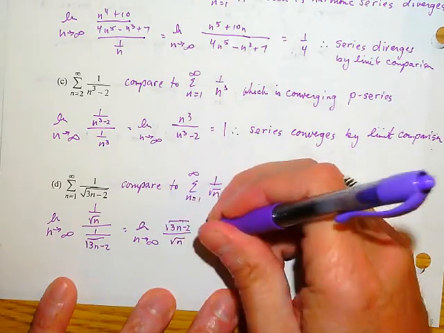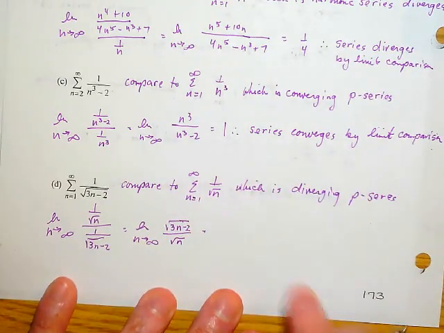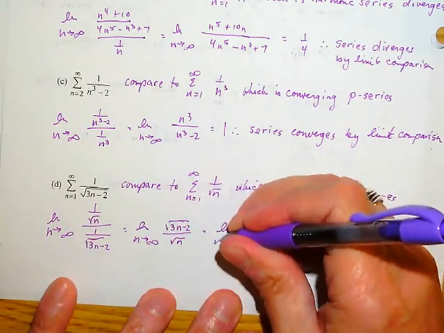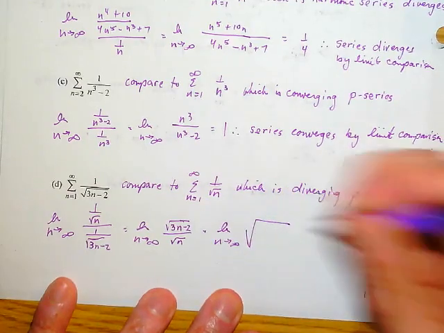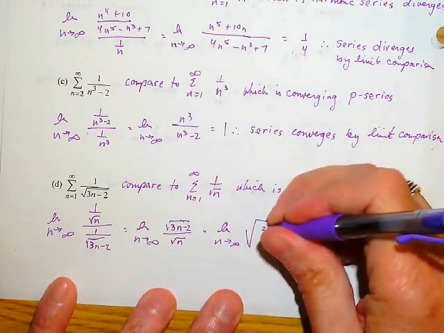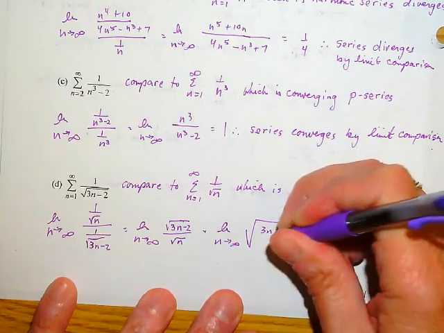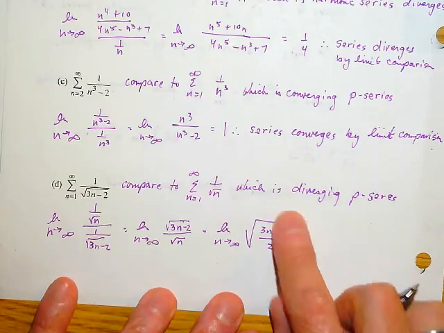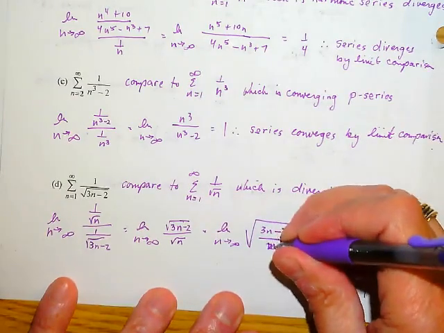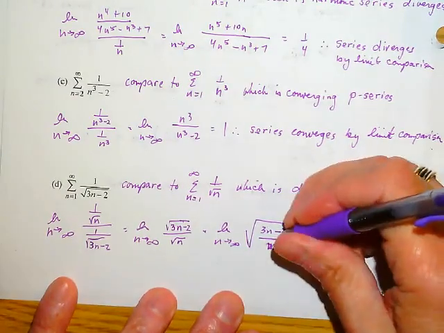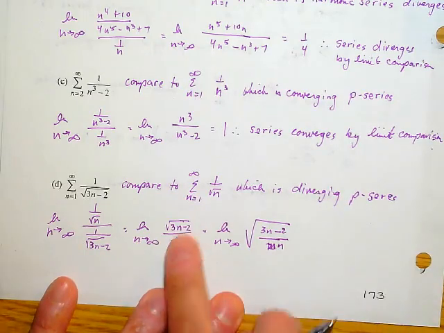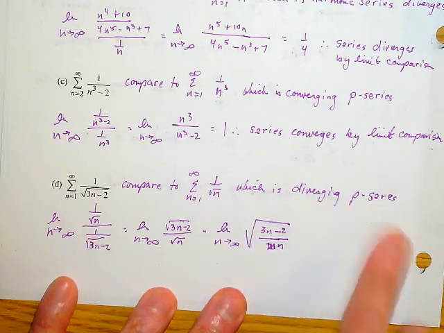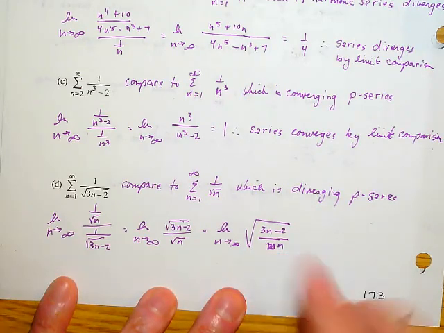Here's an idea. If you're not really liking that whole square root over square root, what if I did this? The limit as n approaches infinity of some mega square root here. I can bring those all under one radical. Take that limit, right? Because, oops, this is not an n, sorry. There it is. That's an n. So 3n minus 2 over n. I'm just combining those separate radicals into one radical. Take that limit. Well, the exponents are still the same. The degree is the same. n to the 1, n to the 1.